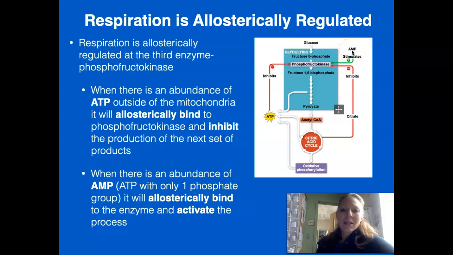So when you have lots of this part that needs to be added to make ATP, so when you have lots of these broken down ATPs, the AMP will allosterically bind to the phosphofructokinase, saying, hey, there's lots of building blocks out here. Let's start working, respiration. And so that's going to stimulate the process. So it's going to allosterically bind to the enzyme and activate it.